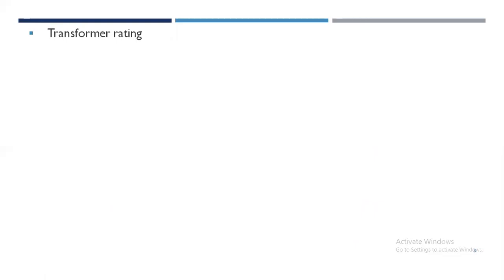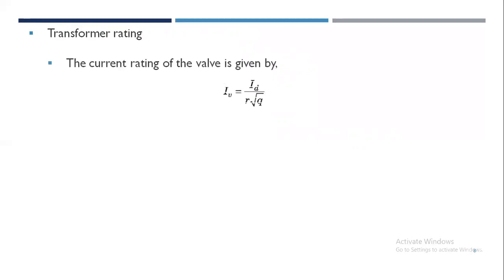Next is transformer rating. The current rating of the valve as well as the transformer winding supplying it is given by IV equals ID upon R into root of Q, where ID is the DC current, which is assumed to be constant.